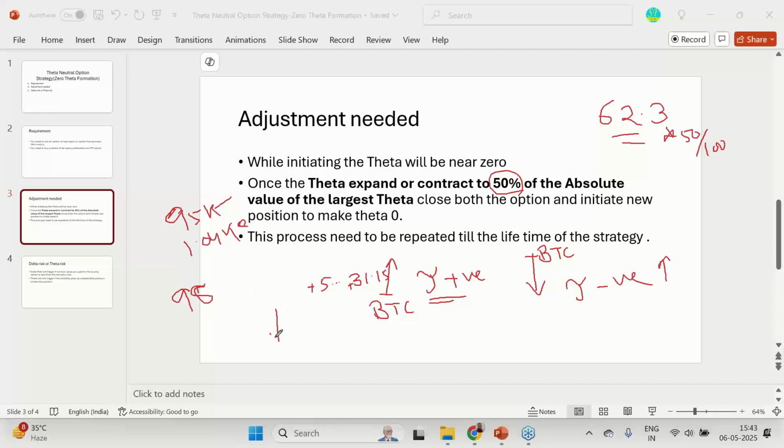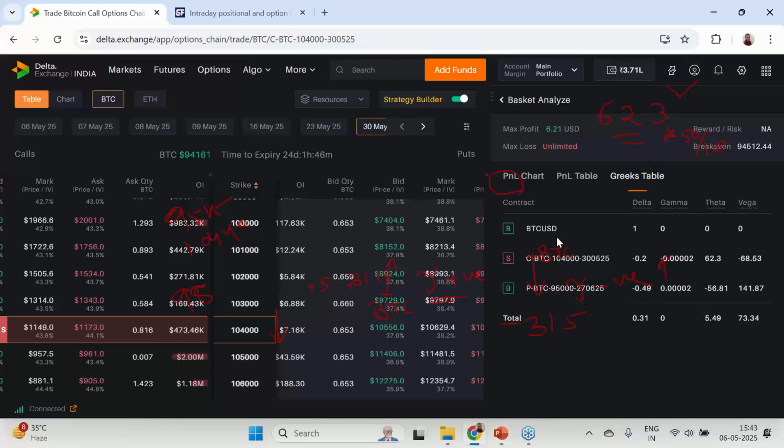If the price falls and it is coming to negative minus 31.5, so this value is very important, you have to keep on record. So 31.5, then both the options will be at a profit, future will be at a loss. So if the price falls, future will be at a loss, but the sold call option and bought put option are at a profit.